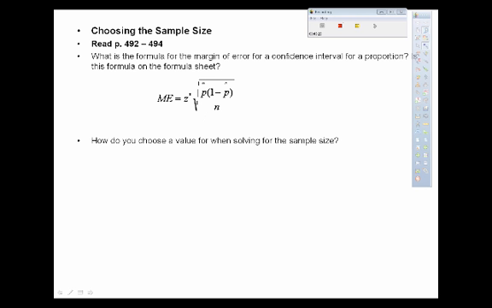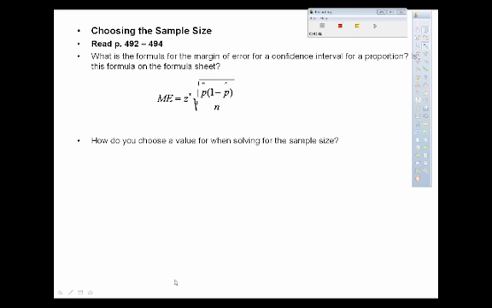Now, that looks real familiar, doesn't it? That's a good thing, because this is not on the formula sheet. But the general formula for a confidence interval and the formula for the standard deviation of the p hat statistic are included. So you just have to know this.